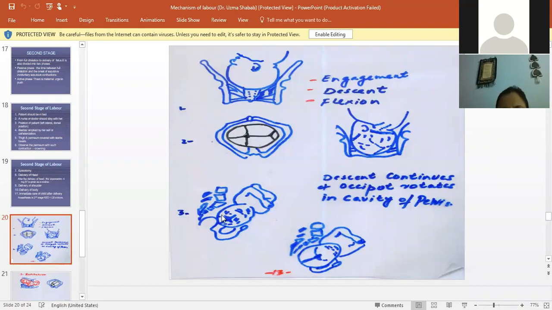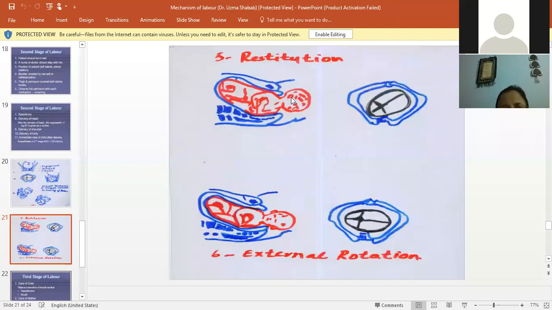This picture shows the extension, then restitution. This is restitution, the head comes out, then this is external rotation, alignment of the shoulder and the head.